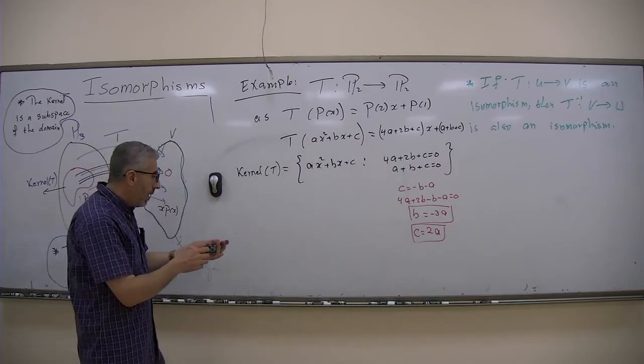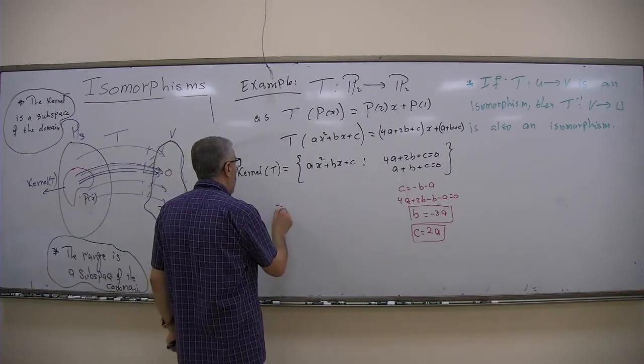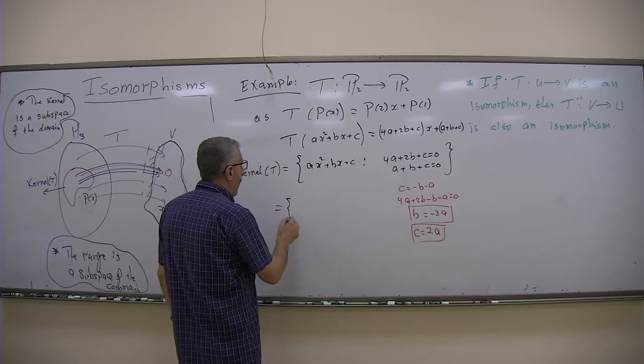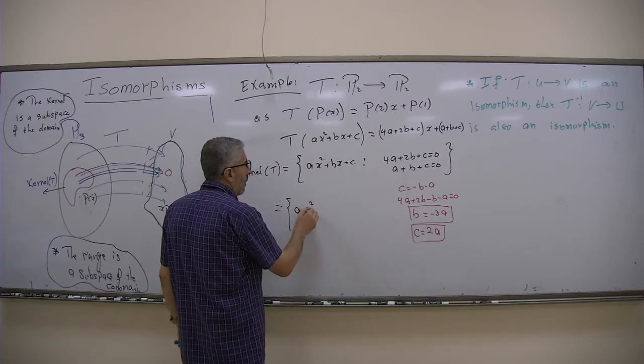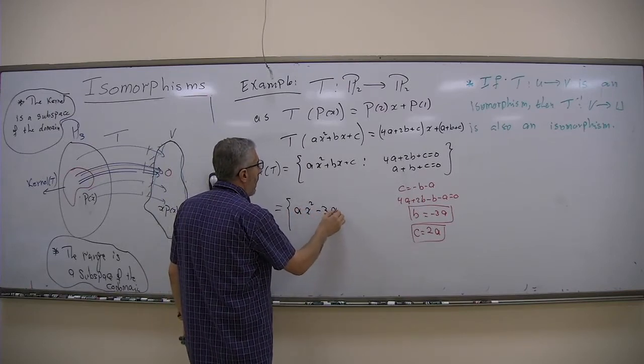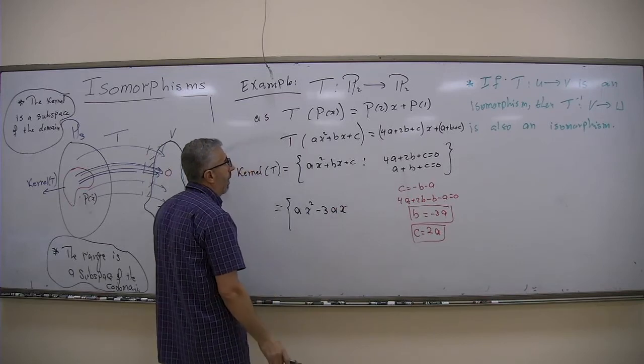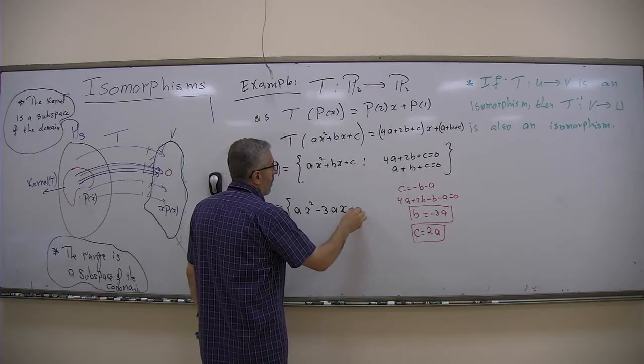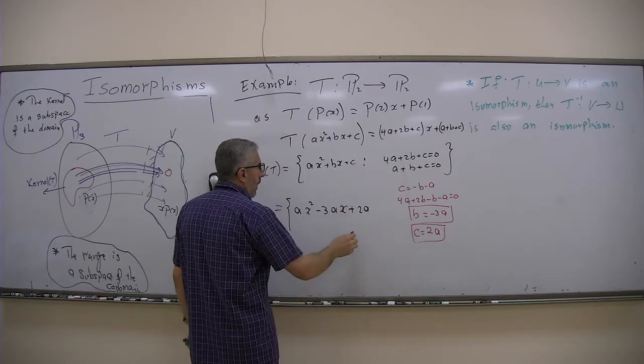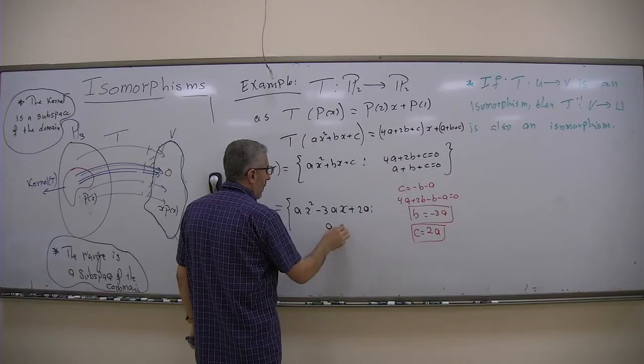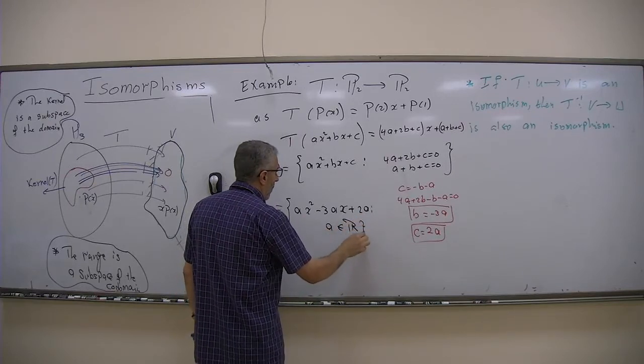So here the kernel is going to be ax squared minus 3ax plus 2a, such that a is in R. And what is this?